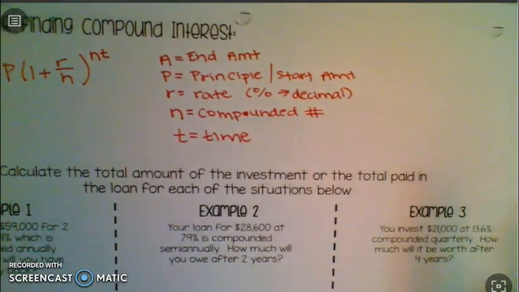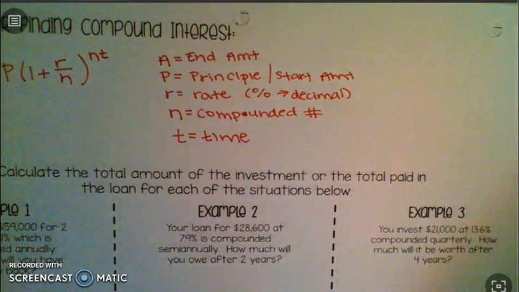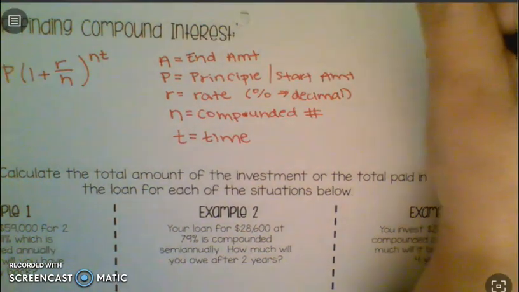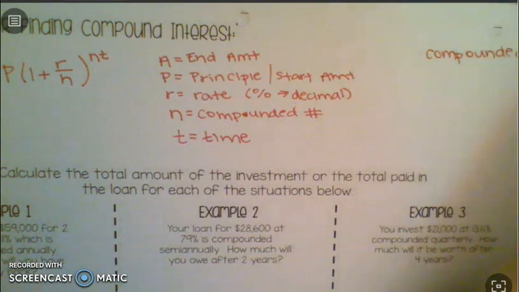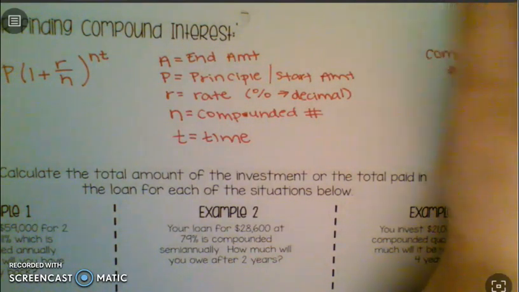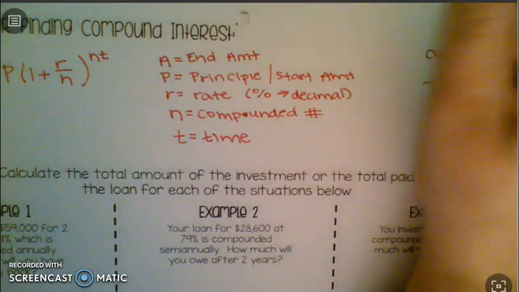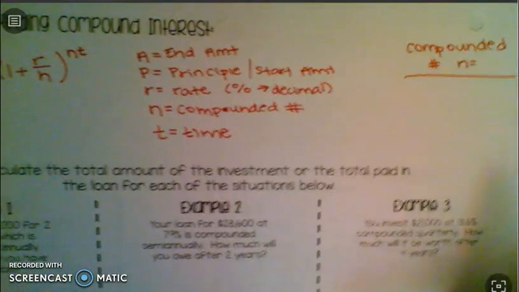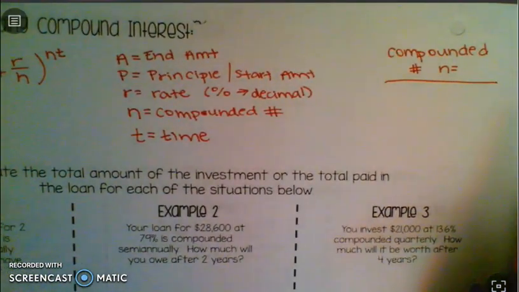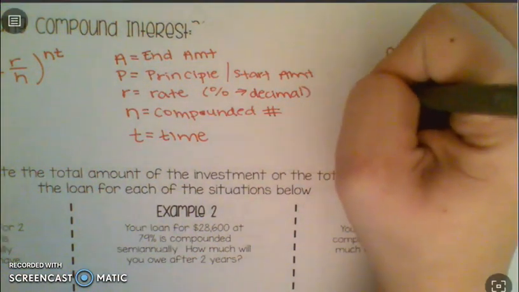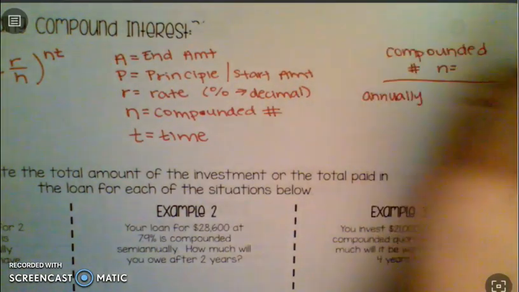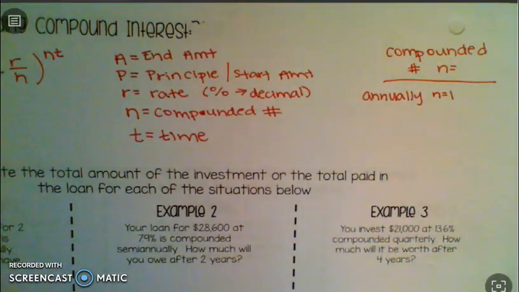So we're going to make a little list. So your compounded number is your N equals number. So if it says annually, your N is going to be 1 because annually happens just one time in a year.